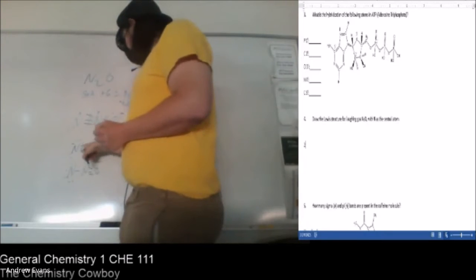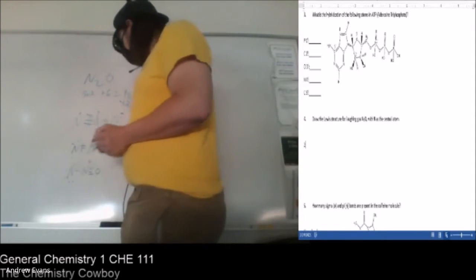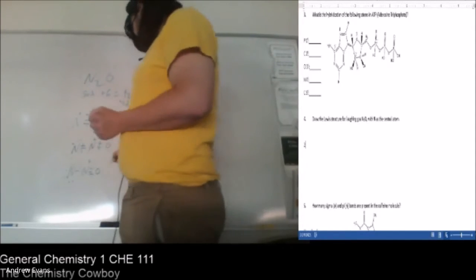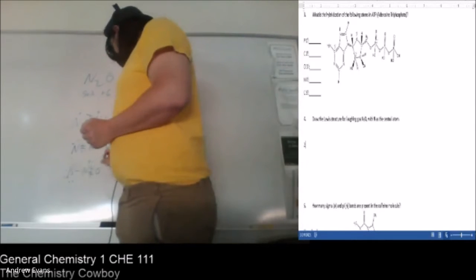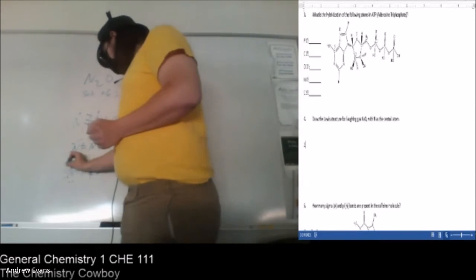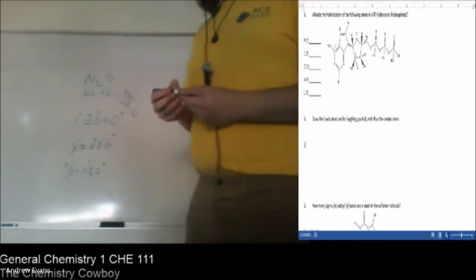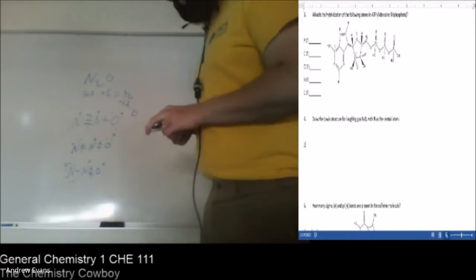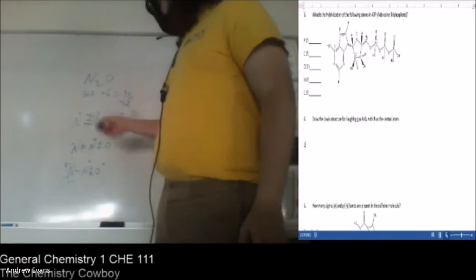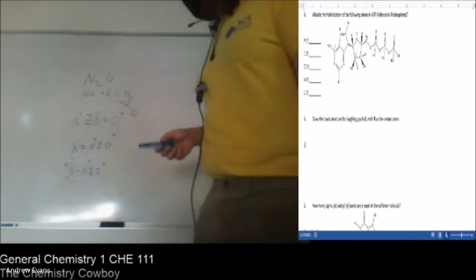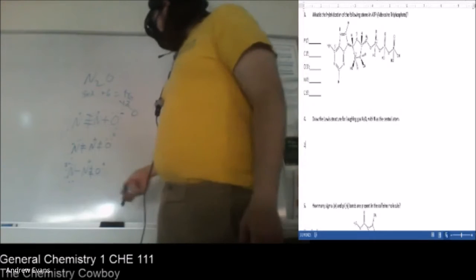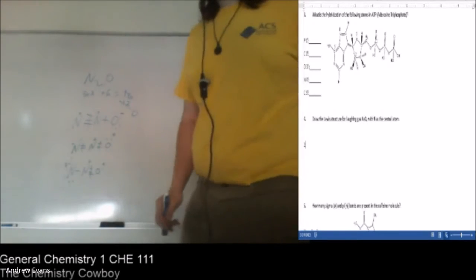This one puts the formal charge on the nitrogen. This one puts a formal charge on the oxygen and 2 formal charges on that nitrogen. So, honestly, the top structure is the best structure, though this middle structure is semi-acceptable.